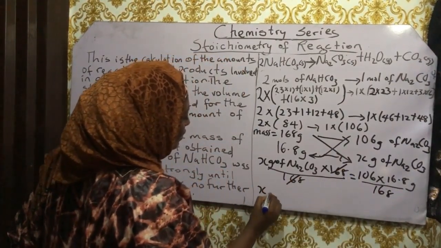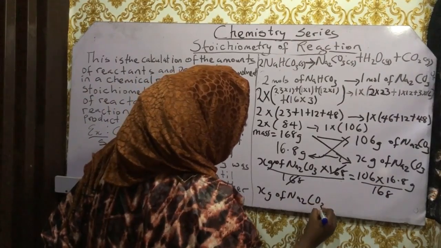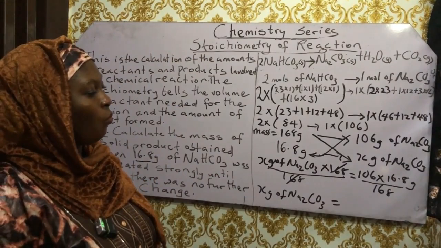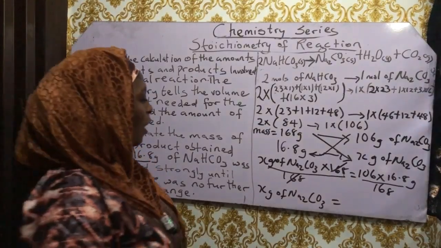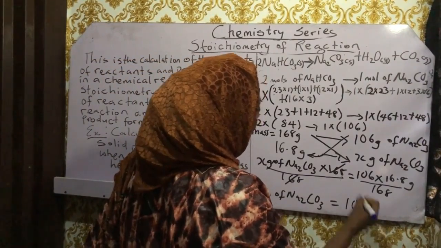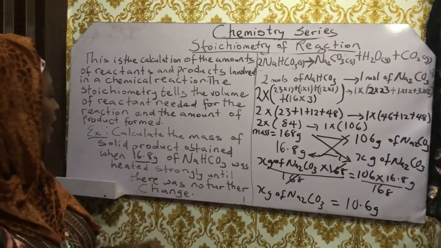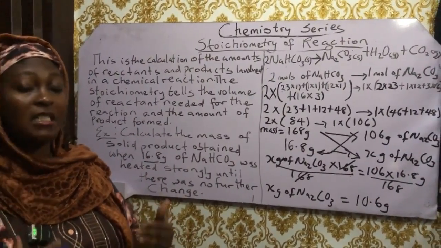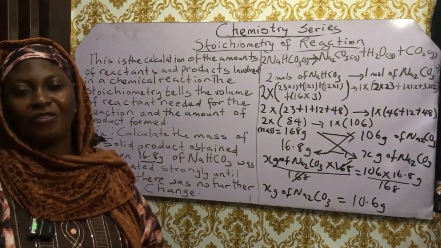So X grams of Na2CO3 is equal to 106 times 16.8 divided by 168. When you input this value into the calculator, you get the mass of Na2CO3 to be 10.6 grams. Meaning that the mass of solid products that will be obtained when 16.8 grams of sodium hydrogen carbonate is heated is 10.6 grams.